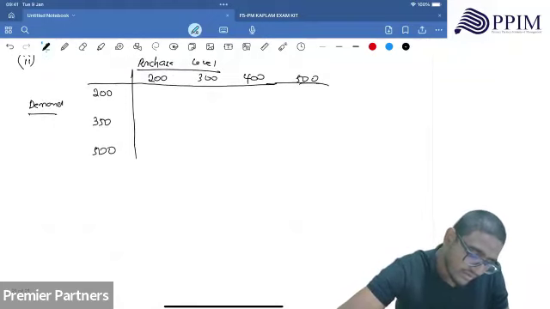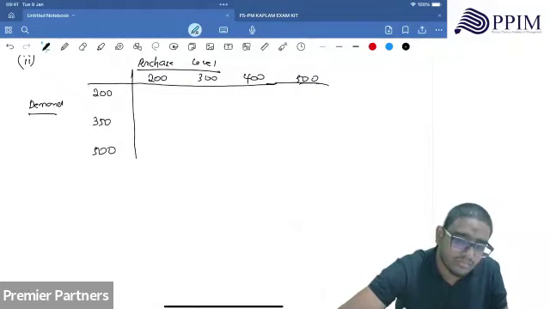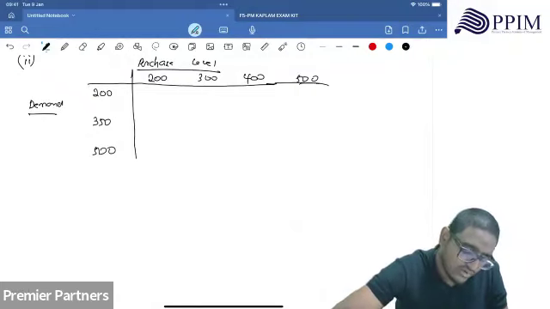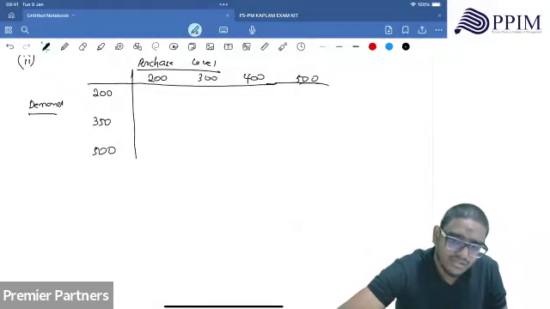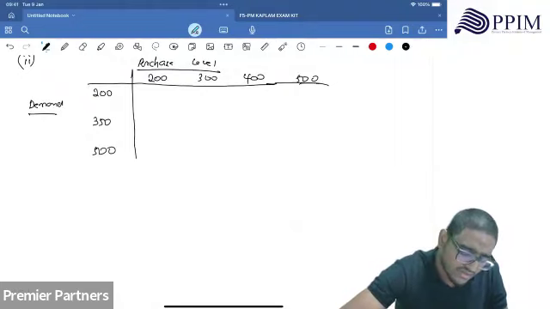Now we need to calculate at each point what's going to happen. What is your profit, or let's say expected value at each point? Let's start with the easier one. 200 and 200. You purchase 200 tickets, you sell the 200 tickets also.